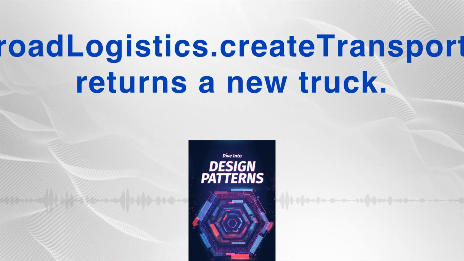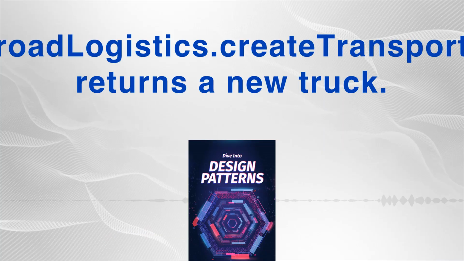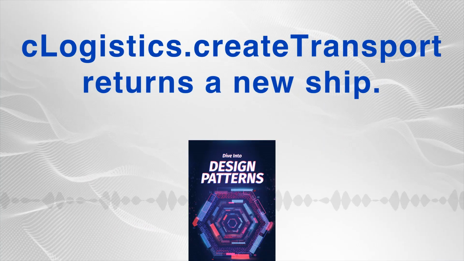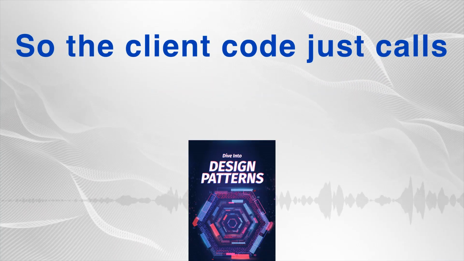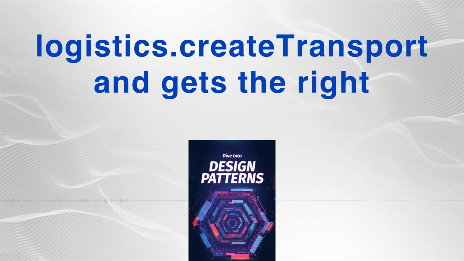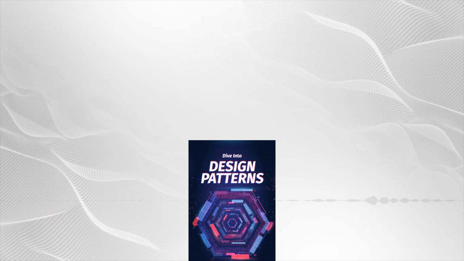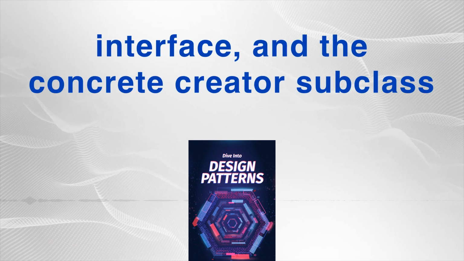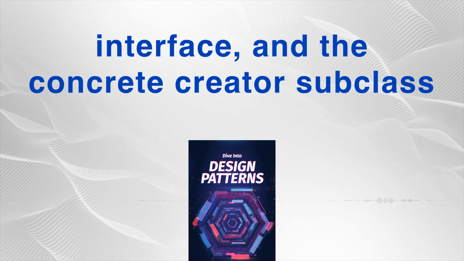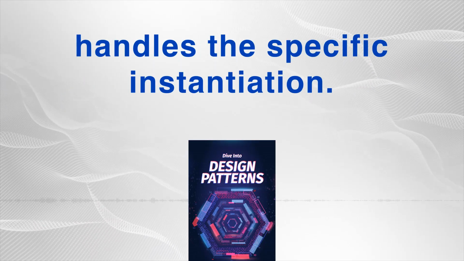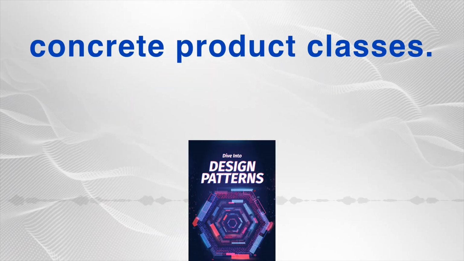RoadLogistics.createTransport returns a new Truck. SeaLogistics.createTransport returns a new Ship. So the client code just calls logistics.createTransport and gets the right object. Exactly. The client works with the Transport interface, and the concrete creator subclass handles the specific instantiation. It decouples the client from the concrete product classes.